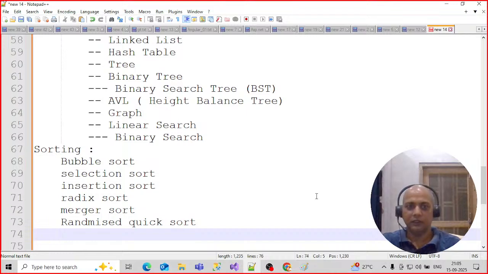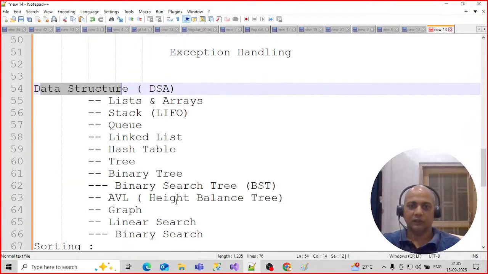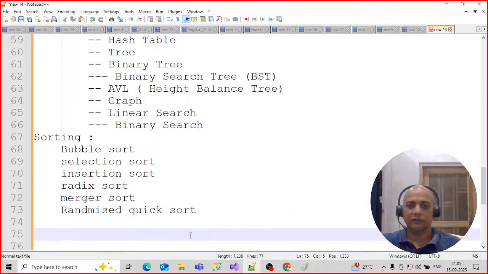So this one is the basic DSA part that is mostly taught in your BTech, and a little bit higher syllabus is also taught for interview and exam preparation, right? For the top level companies.